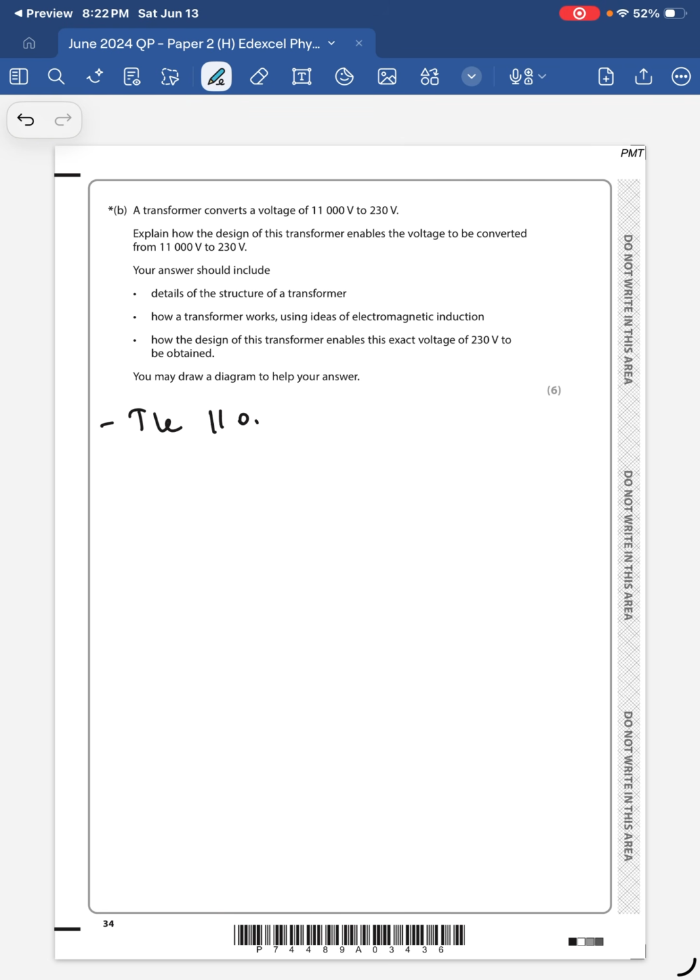So the 11,000 volts AC supply, okay, I'm gonna write it like that, drives a current through the primary coil.